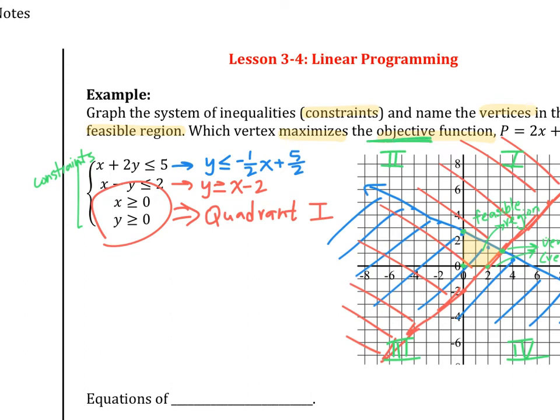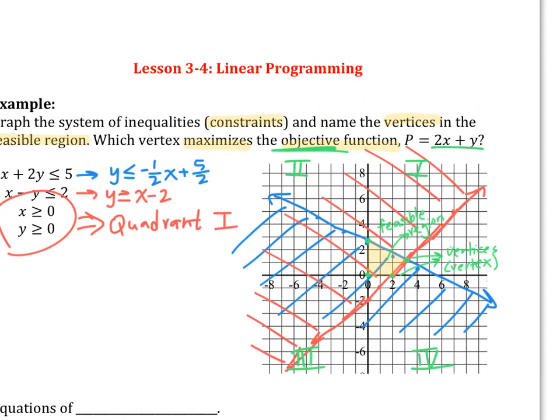Objective, if you remember in English, means the goal, the purpose. So the purpose is that we want 2x plus y. So this is the objective function, 2x plus y, whatever that means. We want to do what to the objective function? We want to maximize. Whatever answer we get, we want that to be the maximum. So we want the maximum 2x plus y is what it's saying.